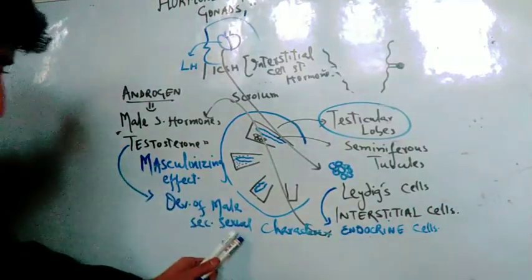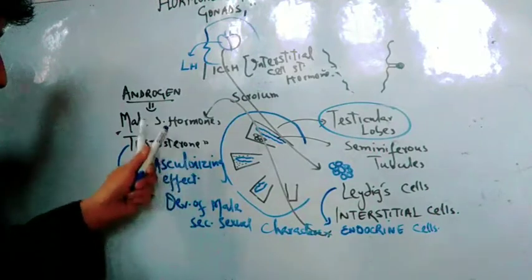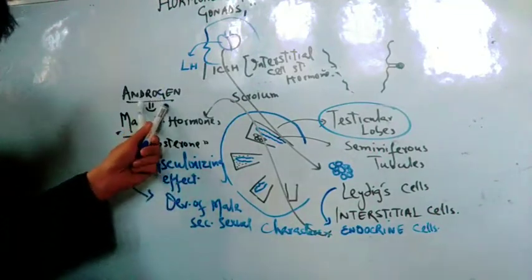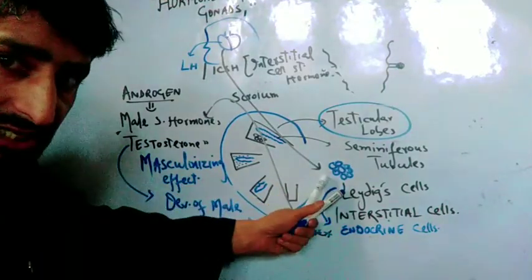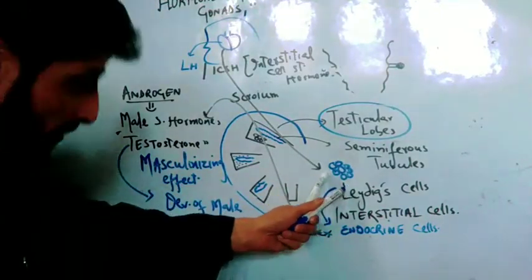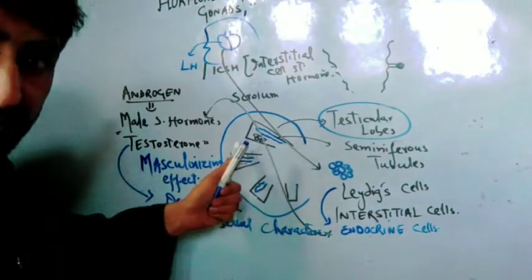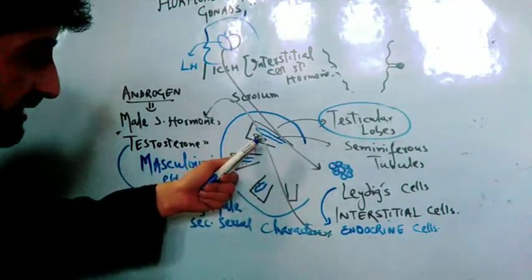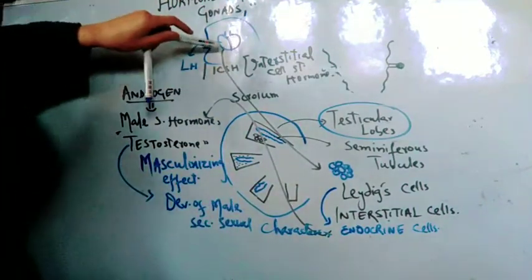This development of sexual characters in males is due to the hormone that you call testosterone. It is a male sex hormone, collectively known as androgens, produced from interstitial cells or Leydig cells present in the seminiferous tubules, present in the testicular lobes of male testicles. And these Leydig cells are stimulated by the pituitary hormone.